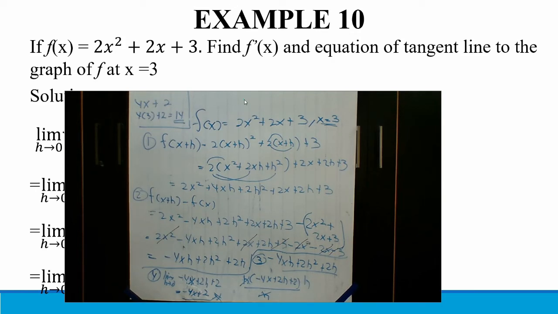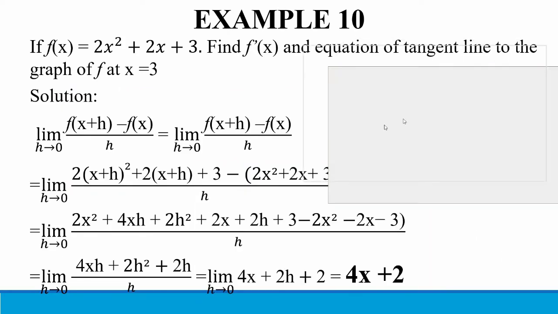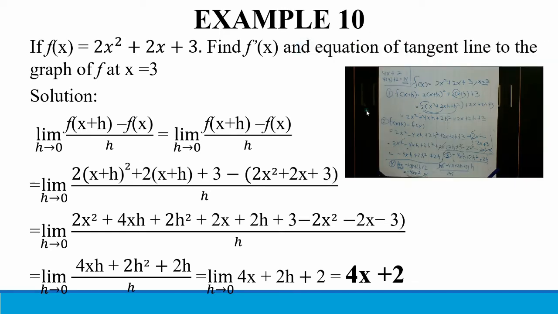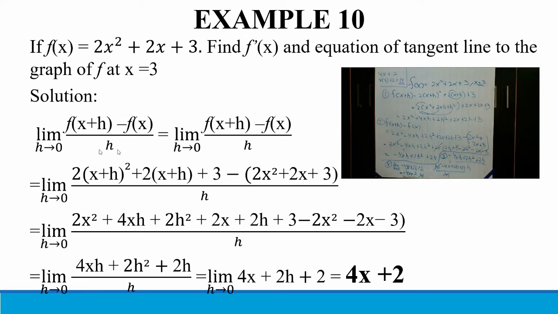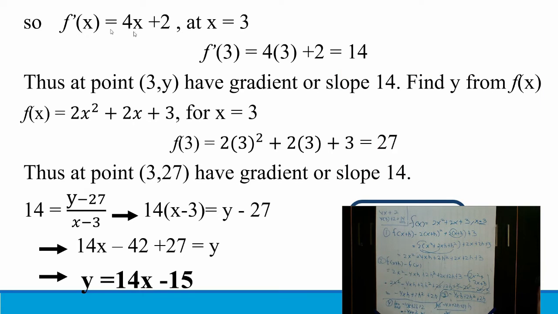So this is how you find that one. First step, you just substitute overall, and then you get 4x plus 2, and then I put x equal to 3, you get 14.